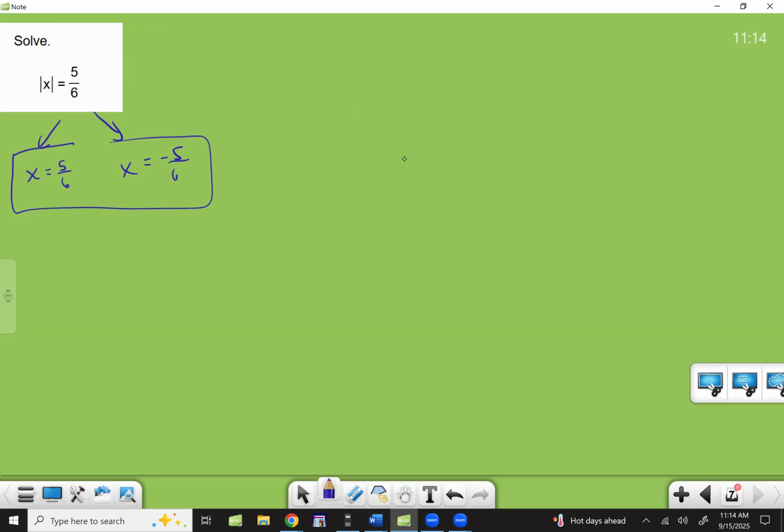If you have some absolute value brackets, and you're wondering, well, what could I put in there? You could put 5/6 in there because the absolute value of 5/6 is 5/6. So that works. But you could also put negative 5/6 in because remember, the absolute value means the distance from 0. And if you want to know how far negative 5/6 is from 0, it's 5/6 away. So absolute values don't change the sign.